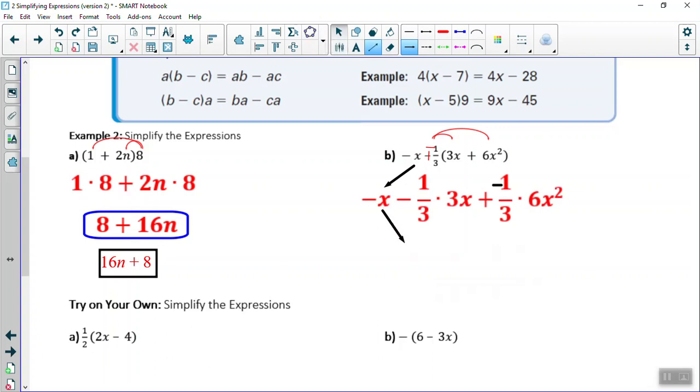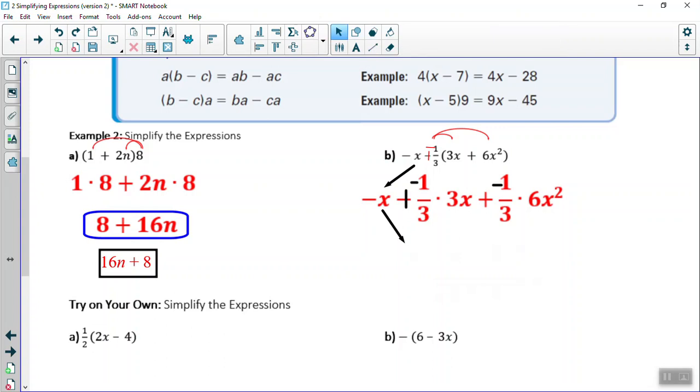Now, when I multiply, remember subtraction is the same as adding a negative. All right? So I'm going to multiply negative 1/3 times 3x.